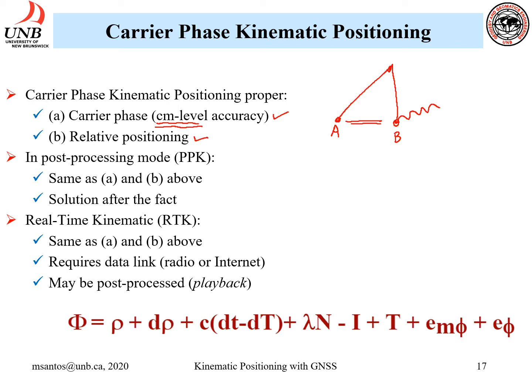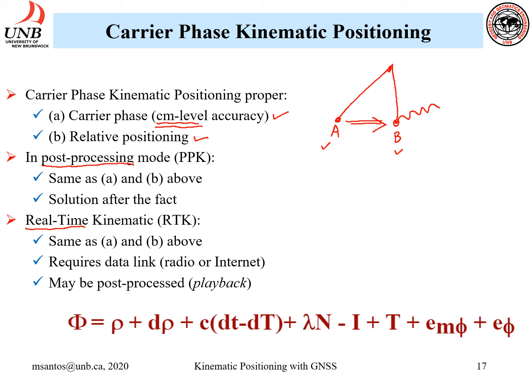What happens is that we can have a real-time solution, or a post-process solution. So in real time, of course, the observations from A will be transmitted to B, which will apply them. In post-processing, the observations will be stored, and then they will be post-processed.